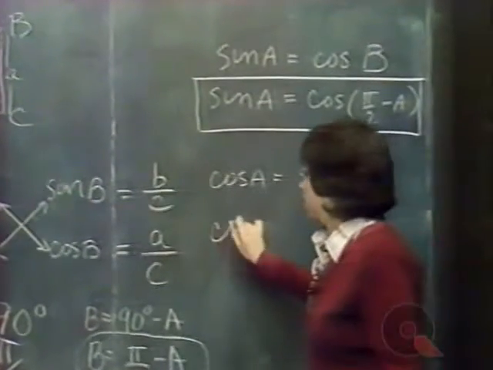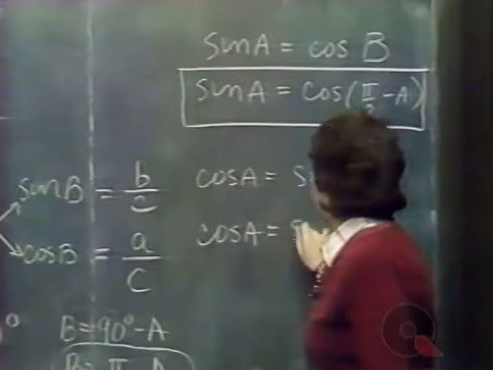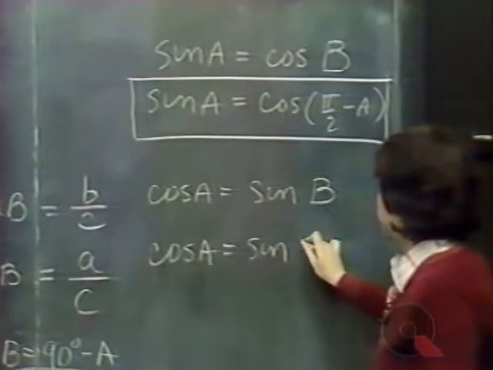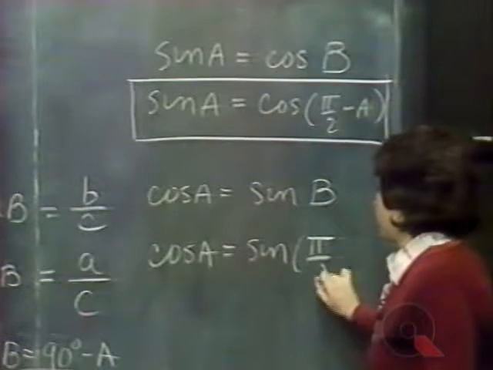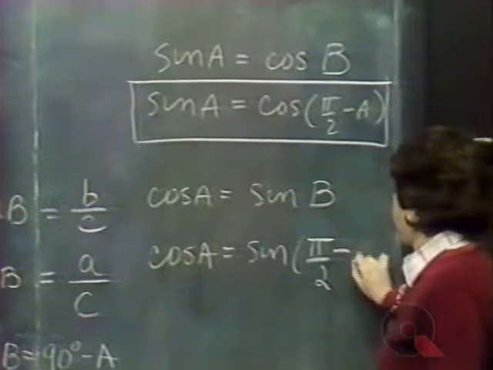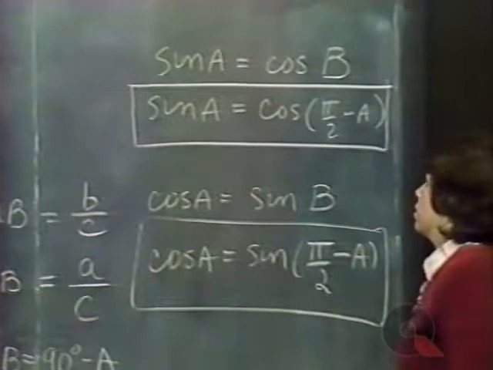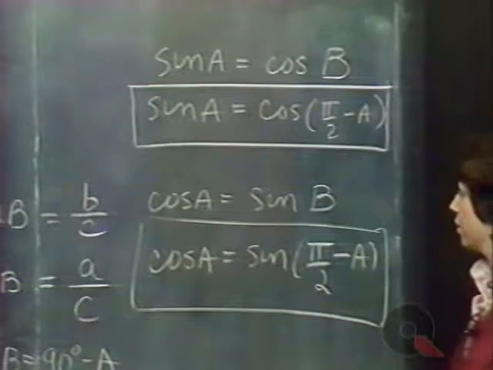And similarly, the cosine of A is equal to the sine of B, but B is once again pi over 2 minus A. So the cosine of A is the sine of pi over 2 minus A, or the cosine of an angle is equal to the sine of its complement.